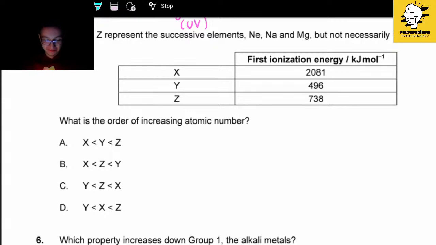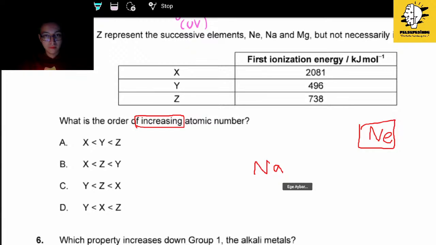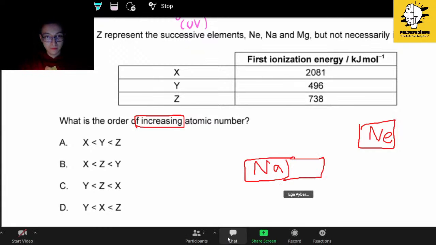Okay, so it's asking X, Y, and Z represent successive elements, neon, sodium, and magnesium, but not necessarily in that order. What is the order of increasing atomic number? So when we remind ourselves of the periodic table, neon is here, sodium is here, and magnesium is here.